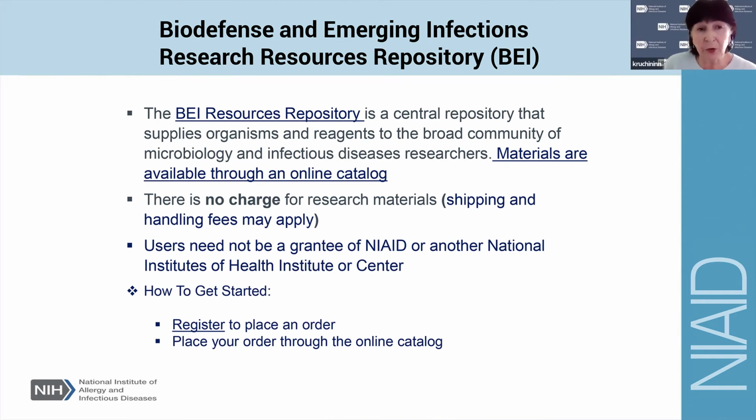Maybe they will charge a shipping and handling fee, but overall there is no charge. You also don't need to be an NIAID or NIH grantee, so if there is an interest, take a look. Below you can see a couple of links on how to get started. You need to register and then place your order if needed.